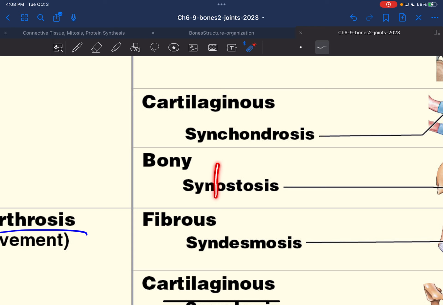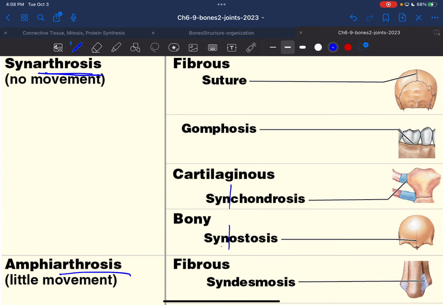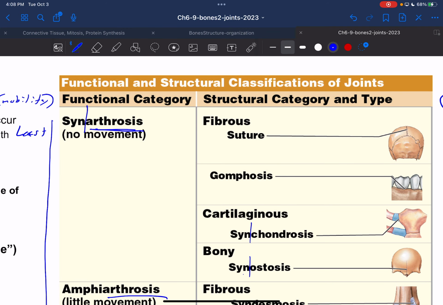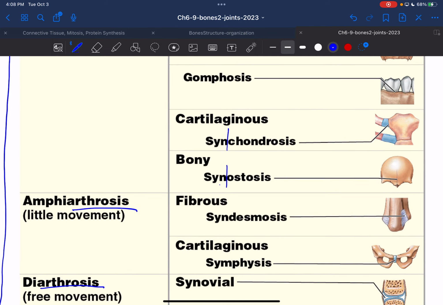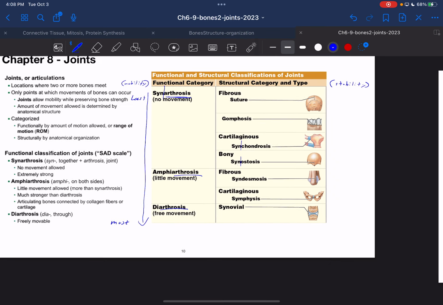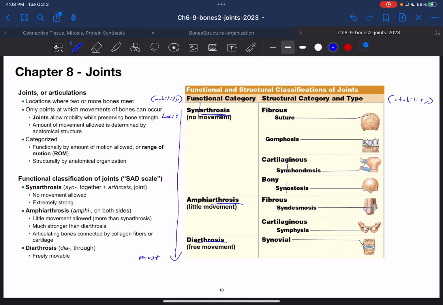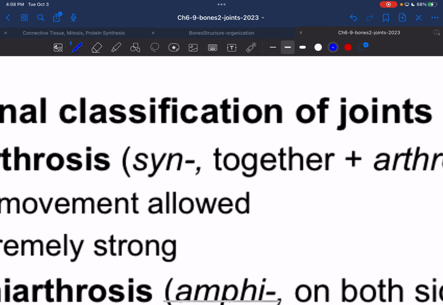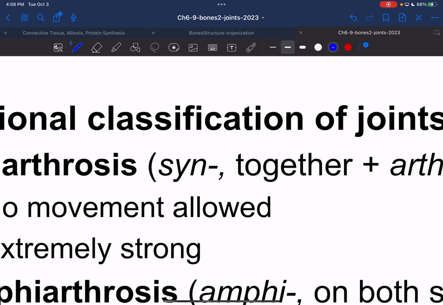Synostosis. You really want to separate that first part, syn here, to really help you with spelling, recognition. And so syn in Latin implies together.